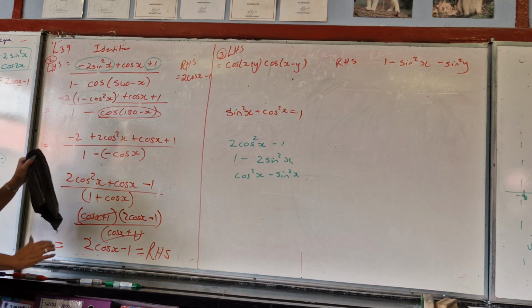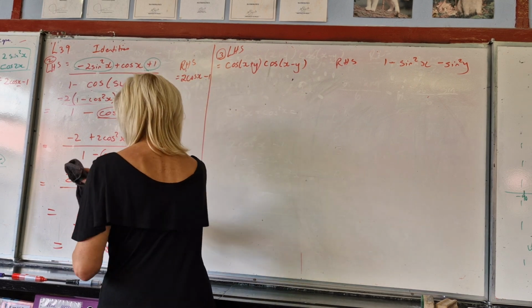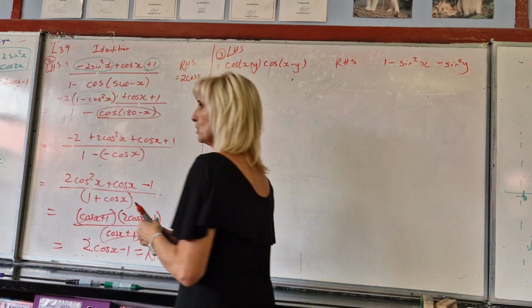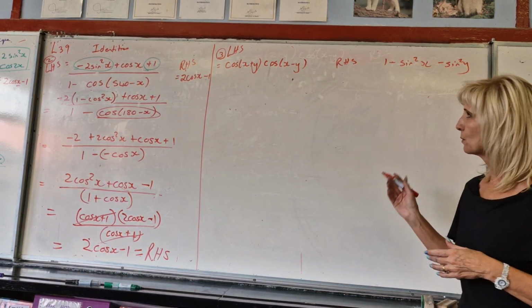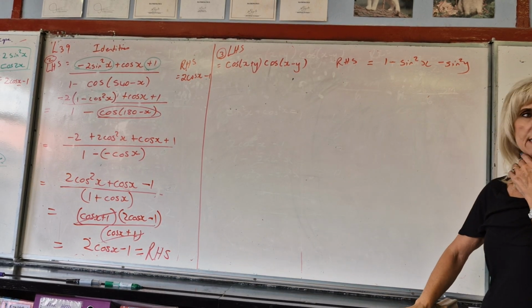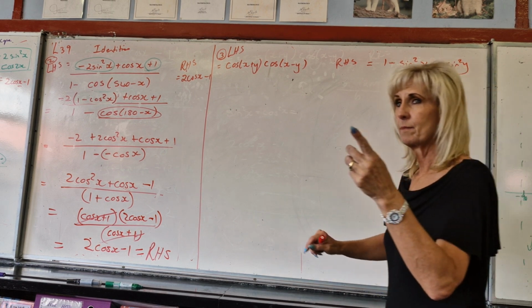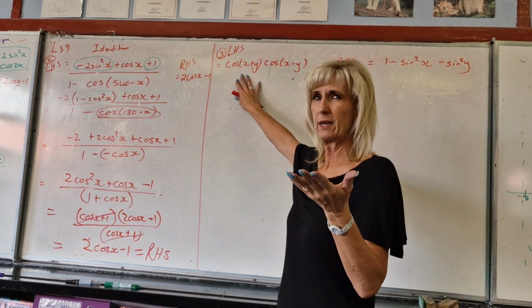Okay, I'm going to give you this one for homework, for classwork, and as far as we can get with it. But you have to give me an idea. What do you think we're going to do here? Left-hand side, right-hand side. Is there something that jumps out at you to do? Compound angles, do you agree?